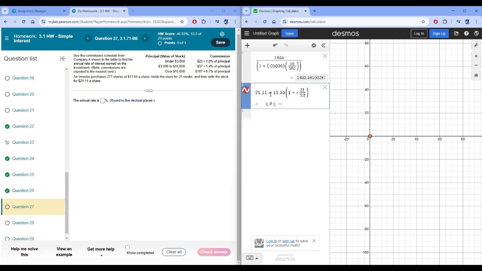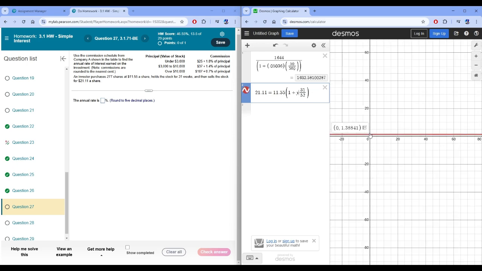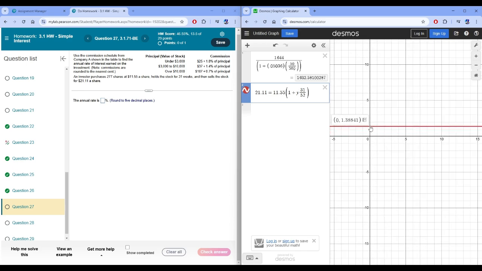I think everything right there is correct. Now if I just change this and I make this Y, I think when I go to the annual return rate, so let's say that it's 105 decimal places. Oh my goodness.